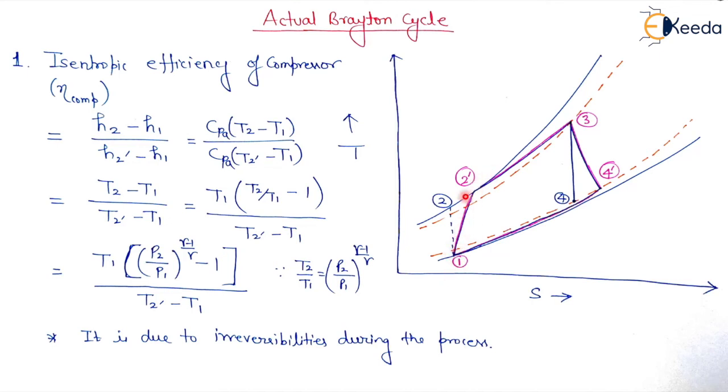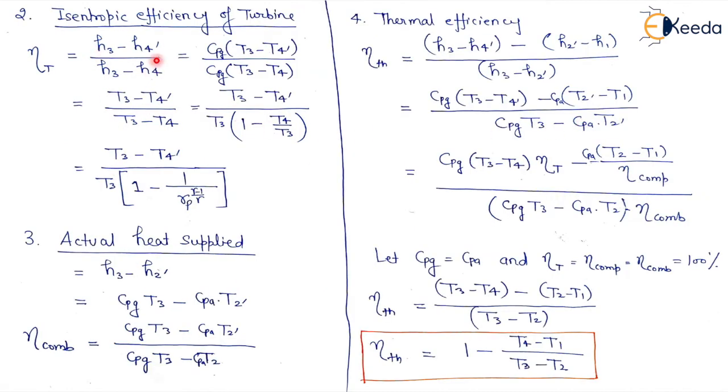Less by more, that means adiabatic process divided by isentropic process. So H3 minus H4 dash divided by H3 minus H4. So I can write here CPG.